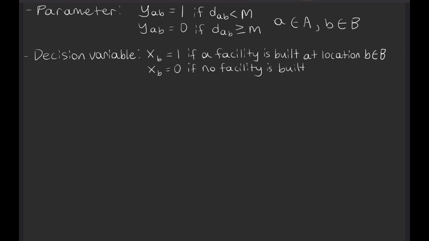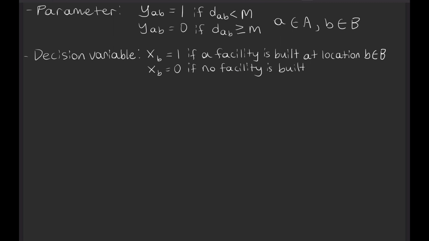Actually, I forgot to define our parameter and our decision variable, so let me do that right now. Our parameter is YAB, and we're going to set it equal to 1 if the distance is less than the maximum distance allowed. And we're going to set Y equal to 0 if the distance between the location and the demand is greater than the maximum distance allowed.